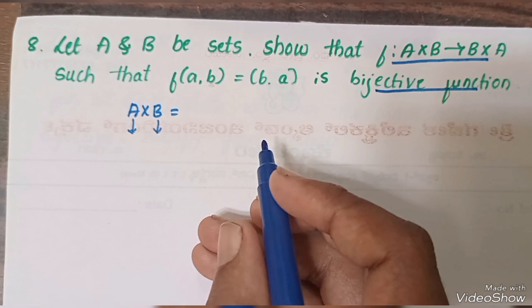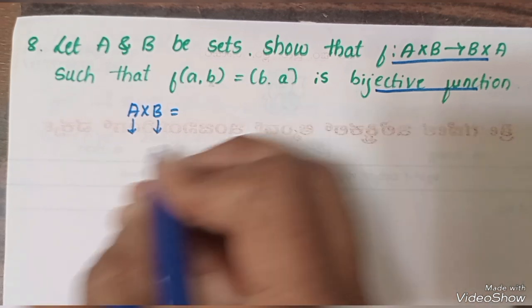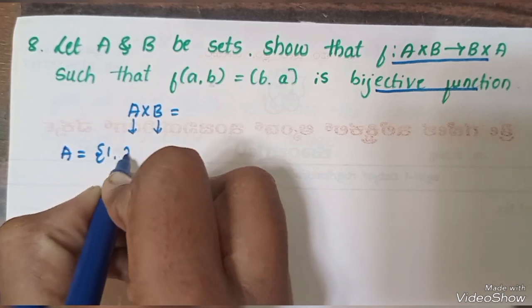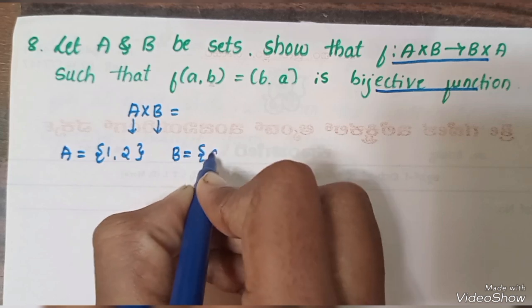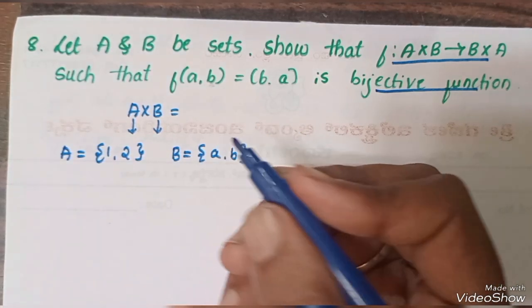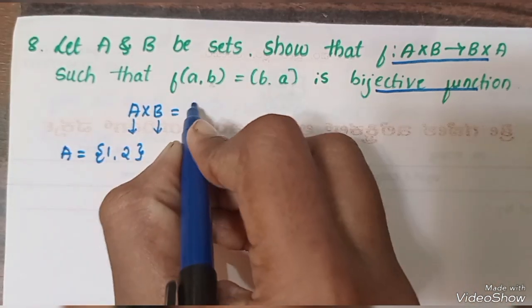Now consider two sets. That is, A is equal to 1 comma 2 and B is equal to a comma b. Then their Cartesian product has to be written here.